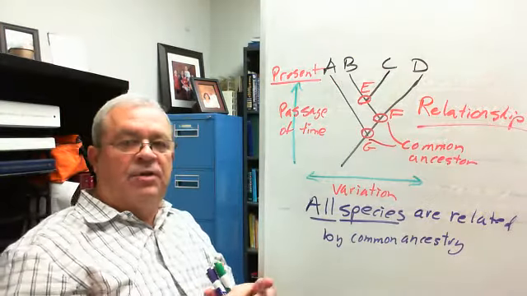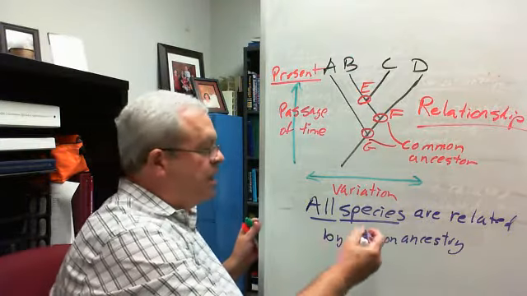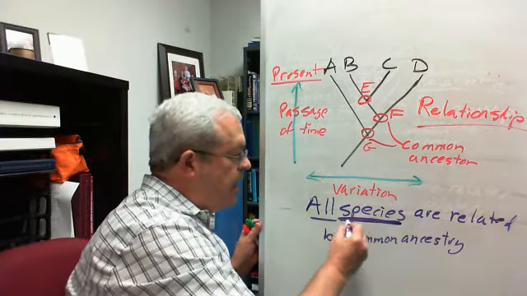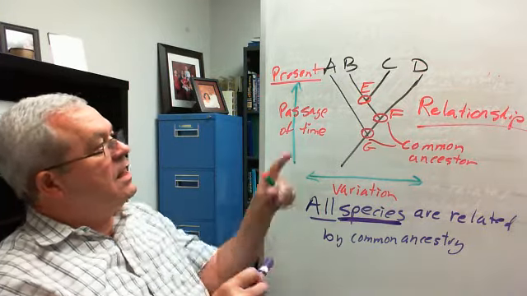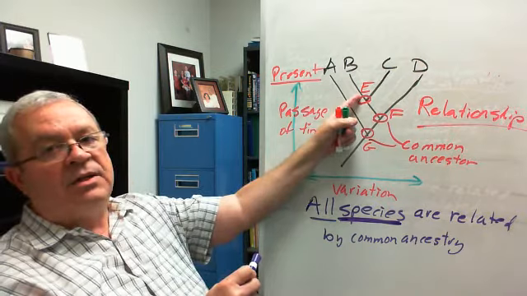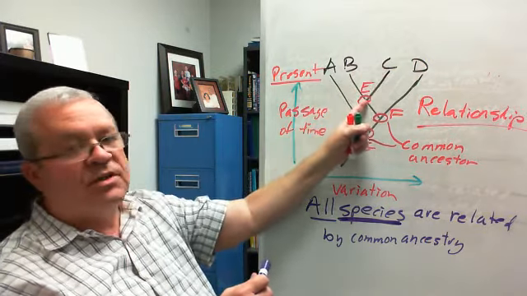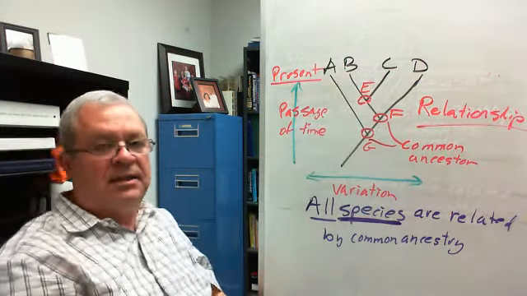Except in evolutionary terminology, the common ancestor is a species, an ancestral species like E that gave rise over time to descendant species.